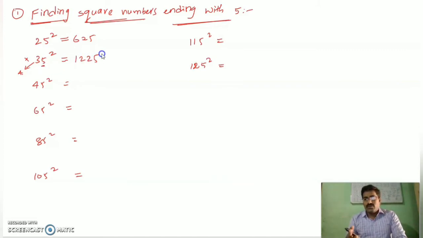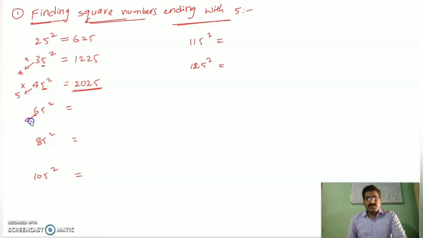We follow two steps. First digit is 3; after 3, 4 will come, so 3 into 4 is 12. 5 square is 25. So 12, 25 is 35 square value. Next, after 4, which number will come? 5. So 4 into 5 is 20, and 5 square is 25. So 45 square value is 20, 25.